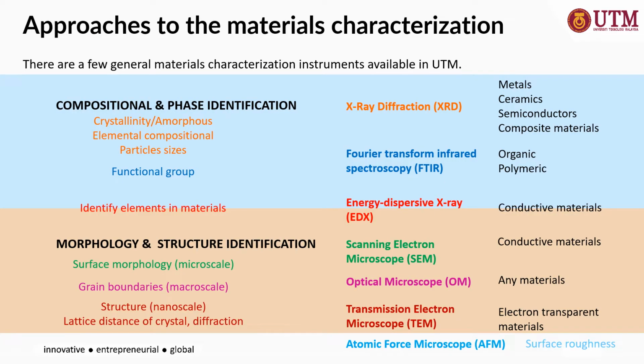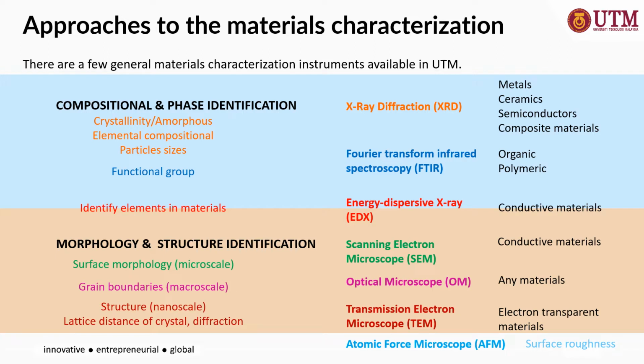There are a few popular metric characterization that is viable in UTM, and I can divide this analysis into two big groups. Group number one is compositional and phase identification, and group number two is morphology and structure identification. Each group has a specific instrument.